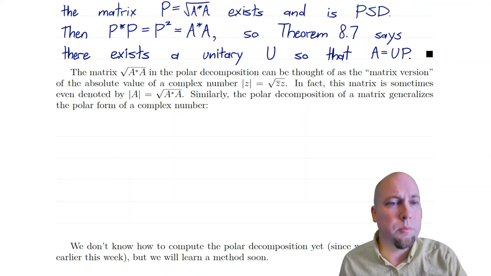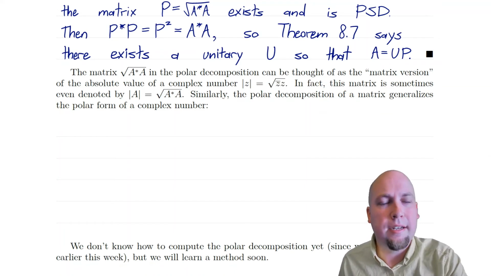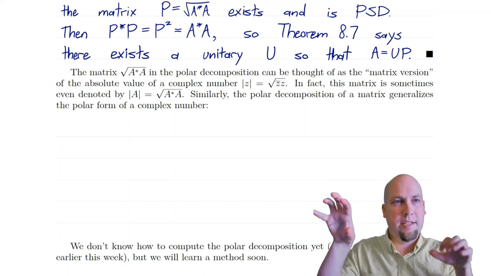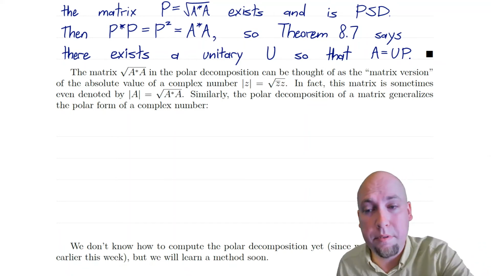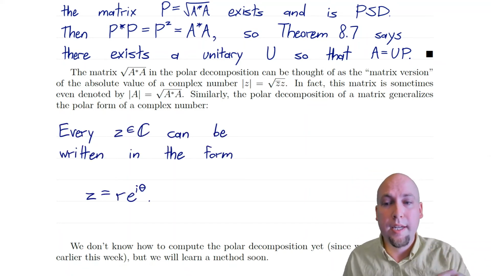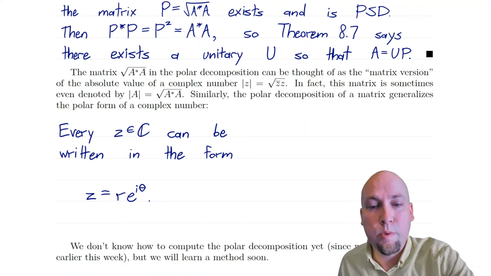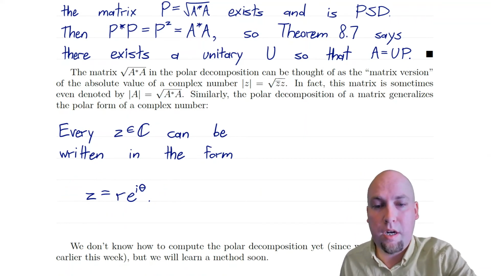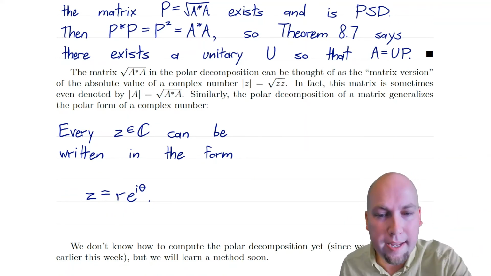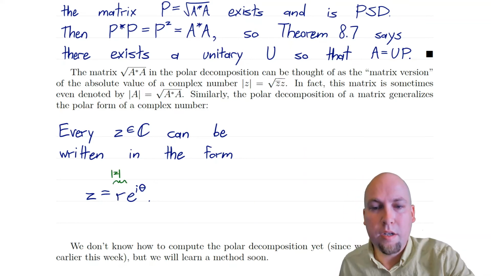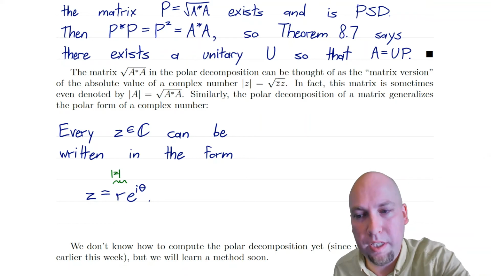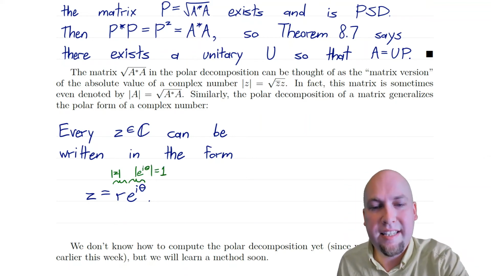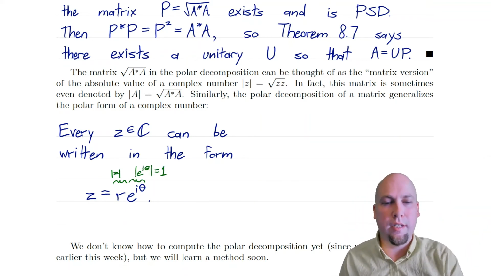Furthermore, the polar decomposition itself, the fact that you can write every matrix as a unitary times a positive semi-definite matrix, generalizes the polar form of a complex number. Remember, every complex number Z can be written in the form Z equals R times e to the i theta, where R is just the magnitude of Z. It specifies how big or how far away from zero the complex number is. And e to the i theta specifies the angle of the complex number.